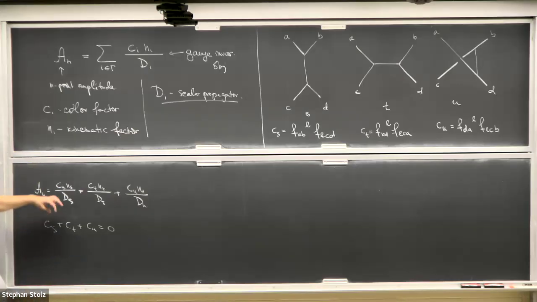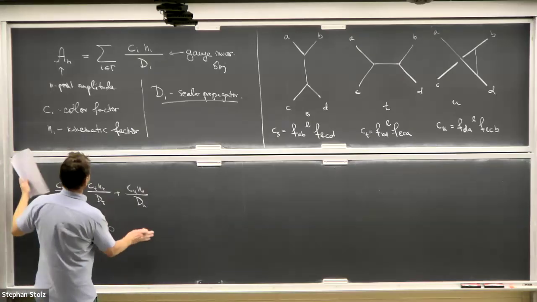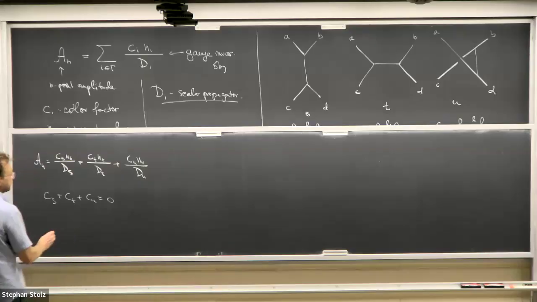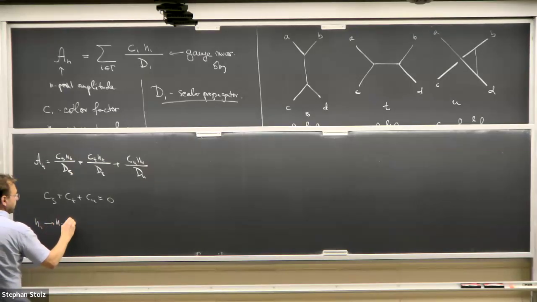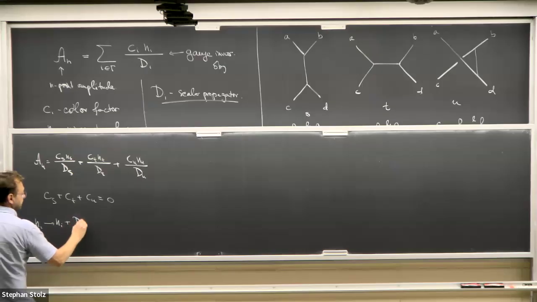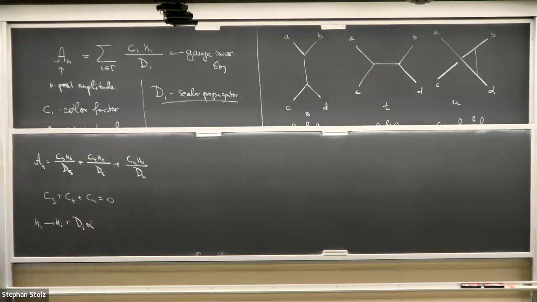Now typically when you calculate diagrams, what's important is that these factors do not have any intrinsic meaning. Only this object has intrinsic meaning. Because of the way you write the answer, your n_i can always be shifted by n_i plus c_i alpha, whatever.